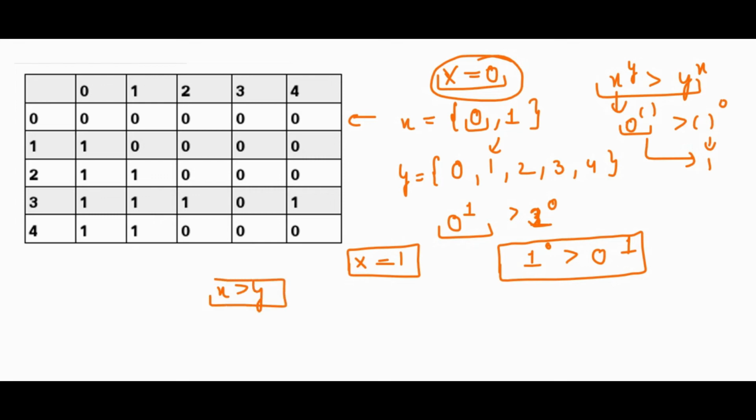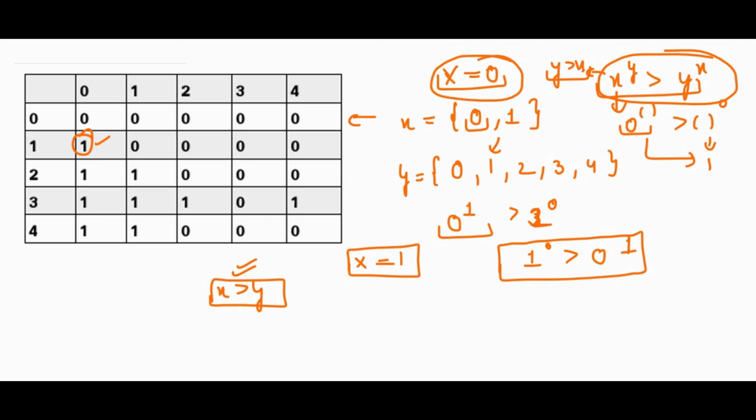Before it we have discussed the condition that this condition will only be true when y is greater than x, right? But here we got an exception that x is greater than y, then also we are getting one pair, right? So now let's move forward. If 1 to the power 0 is greater than 0 to the power 1, so this is possible.